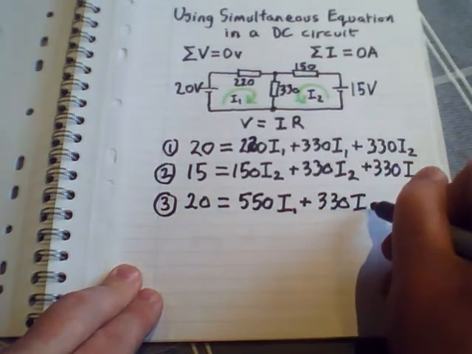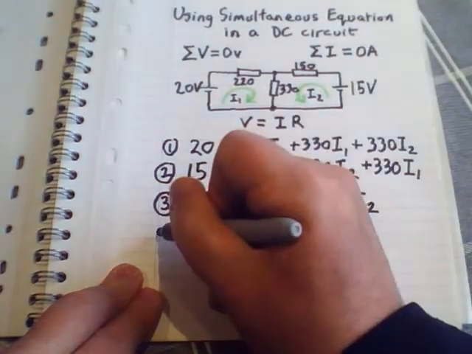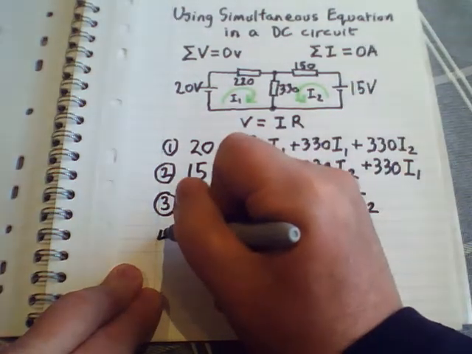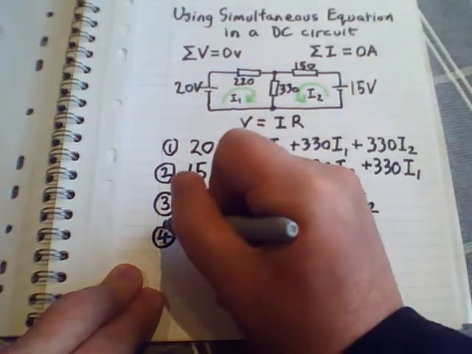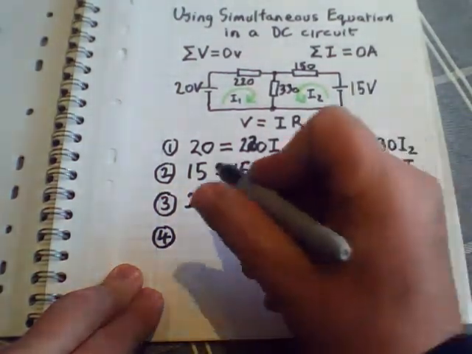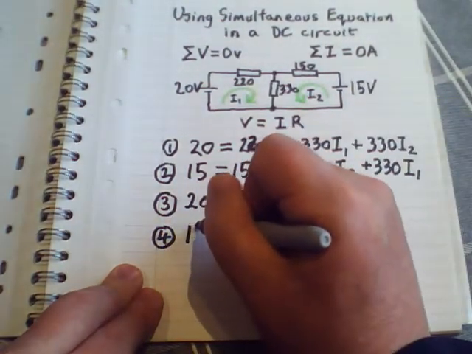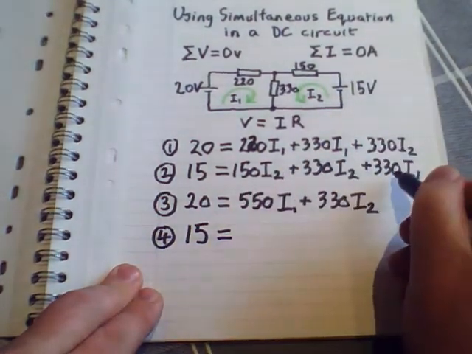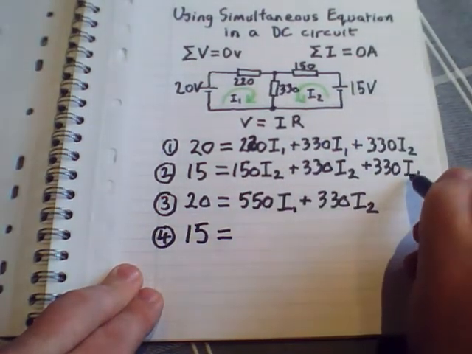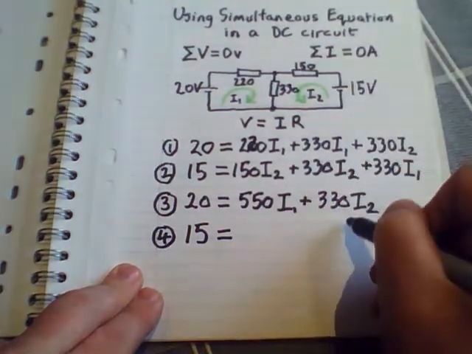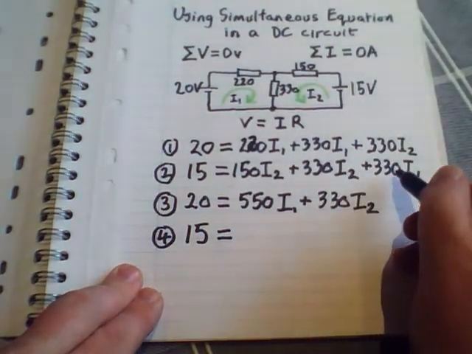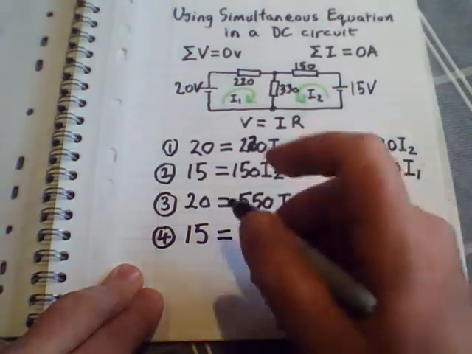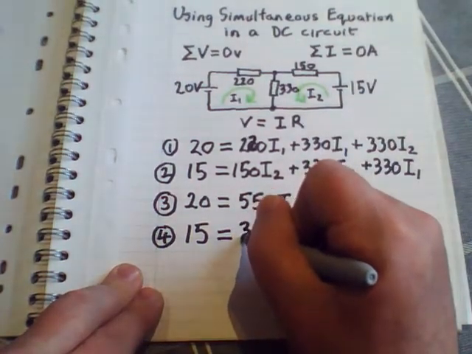And I'm also adding 330 I2. And I'm going to create another equation from equation 2, so 15. Now, because there's only one I1 here, and I want it to just line up with this, just to make it look neater, I'm going to put the 330 I1 in here first.